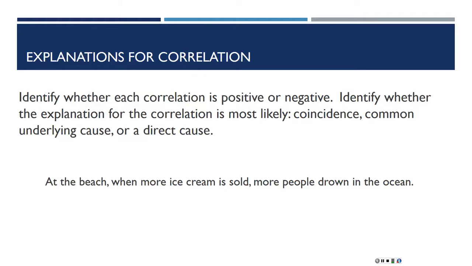And as the ice cream increased, more people drowned. So it's a positive relationship. I'm not asking whether one caused the other. It is a positive relationship, because one went up, the other one went up.